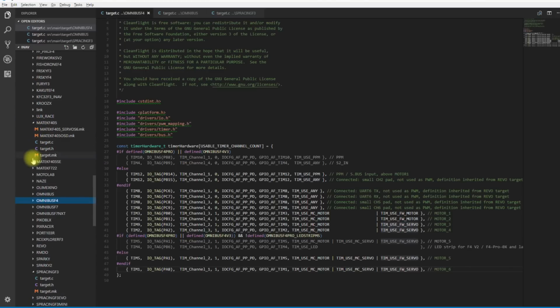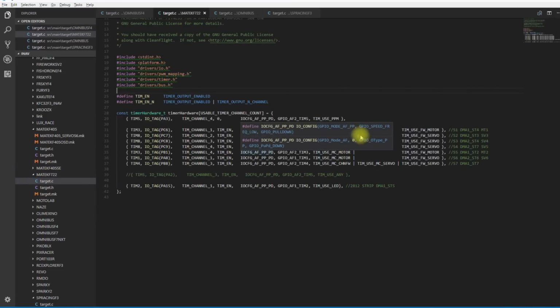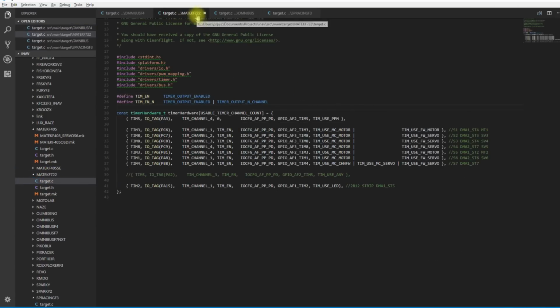Let's take a look now at something I like, but I'm kind of disappointed, and this thing is Matek F722. It's really fine, great for multicopters and flying fixed wings.